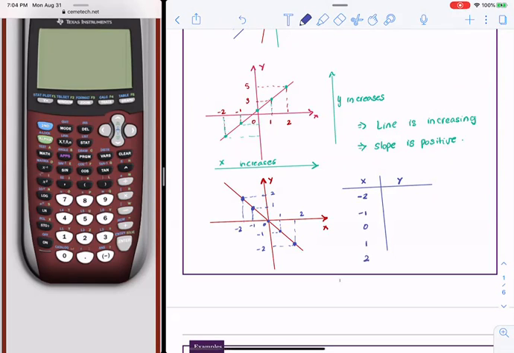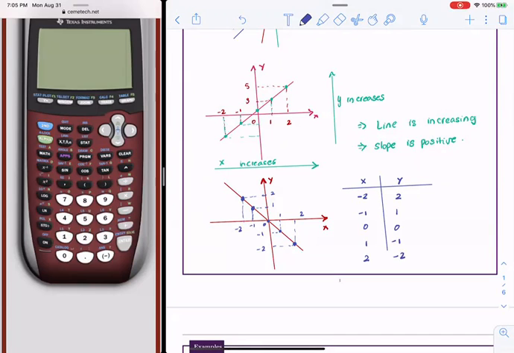So when x is -2, y is 2. When x is -1, y is 1. When x is 0, y is 0. When x is 1, y is -1. When x is 2, y is -2.